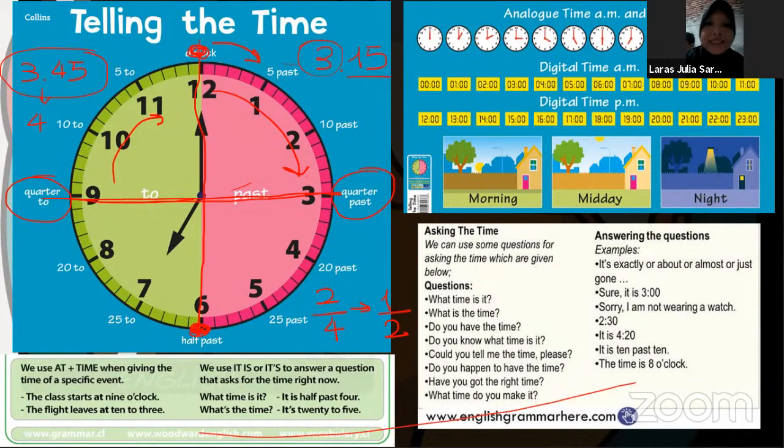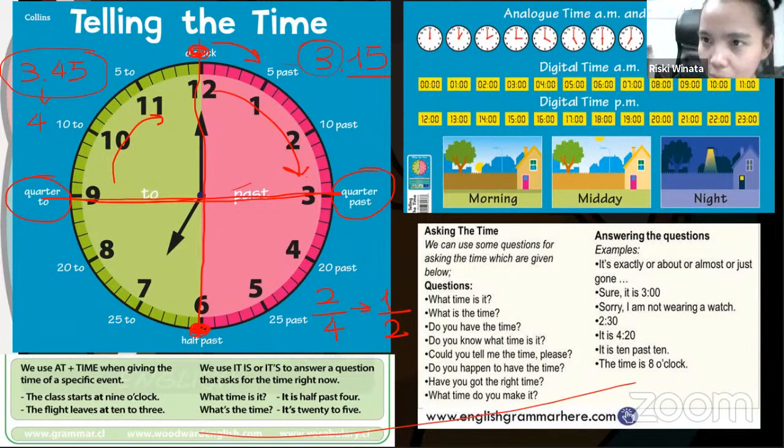Okay, Miss. Okay, so Miss Laras is asking about when she wants to finish the exam, but doesn't know how to pronounce it correctly. Okay, one moment.